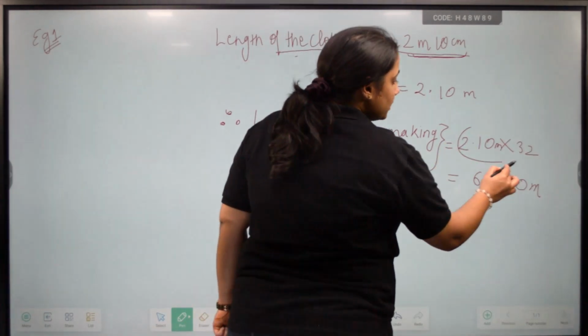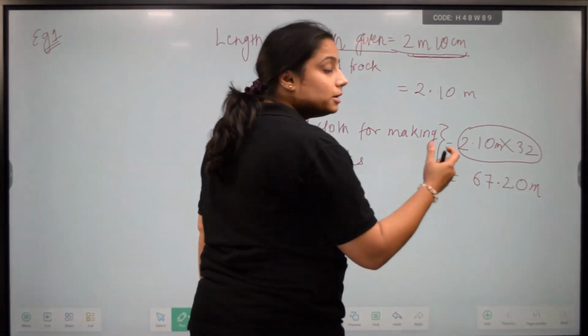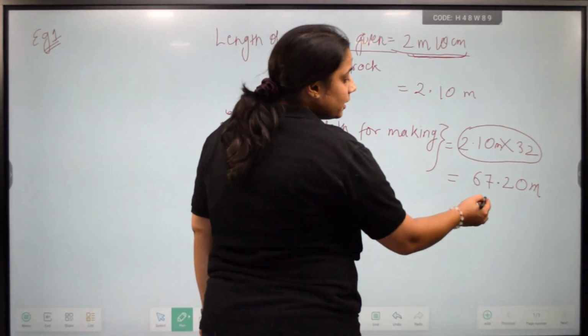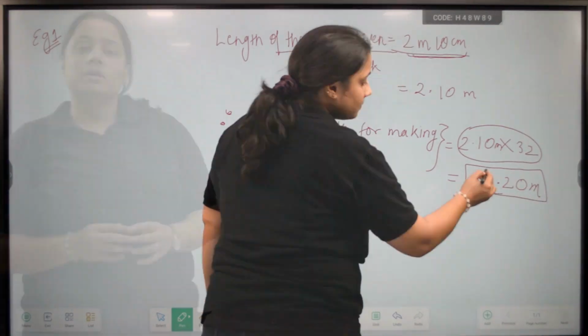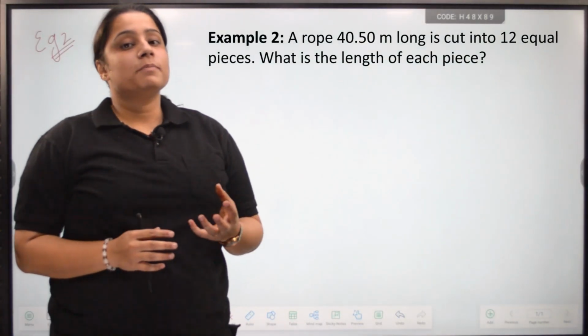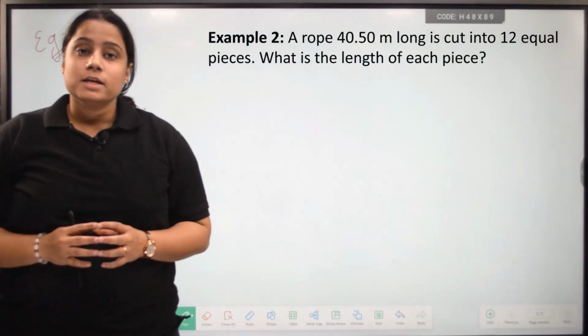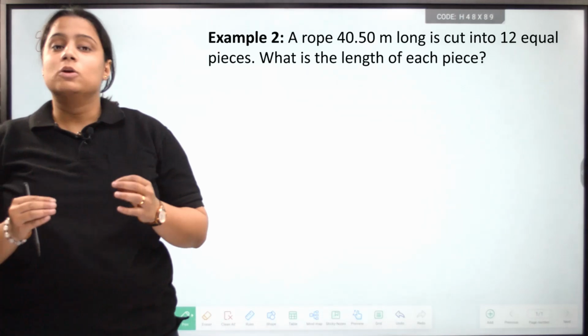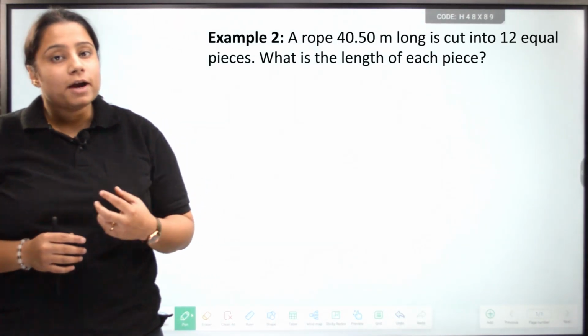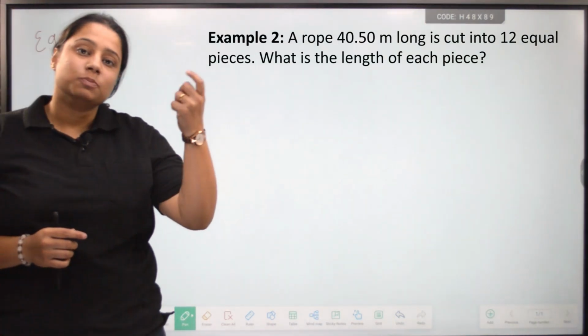You can calculate this by using the simple multiplication method. So the final answer is this. In this question, a rope of 40.50 meter length is cut into 12 equal parts. We need to find the length of each part.